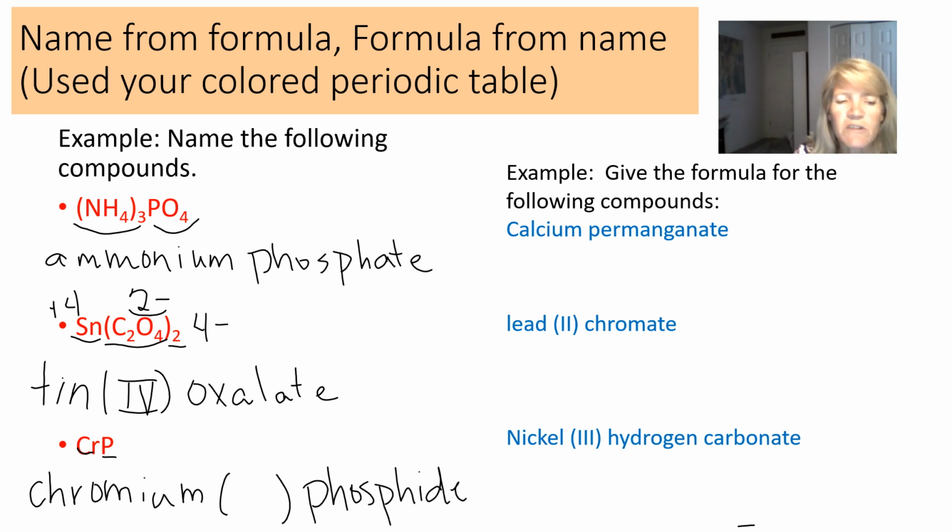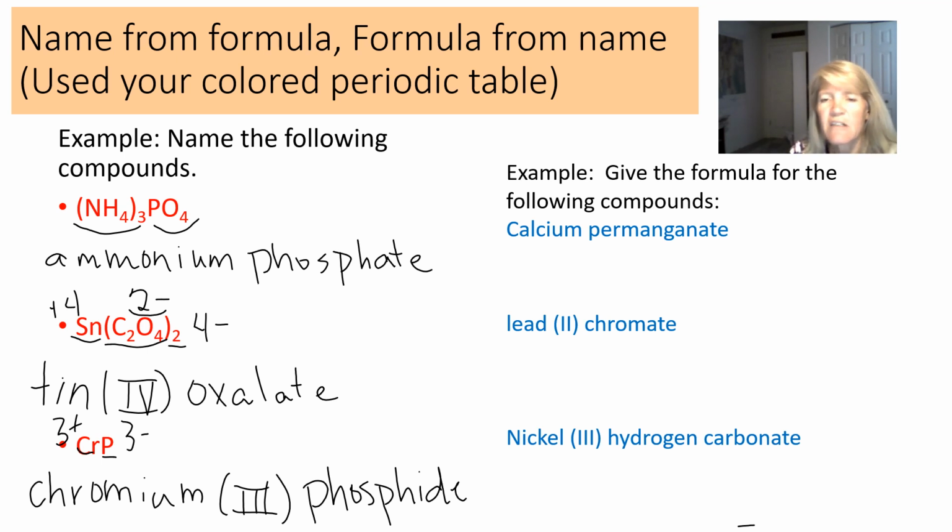Also notice its charge. It's in the column that's -3. So if the P's got to be -3, they've got no subscripts, so the Cr has got to be +3. So my Roman numeral is 3. Chromium(III) phosphide.